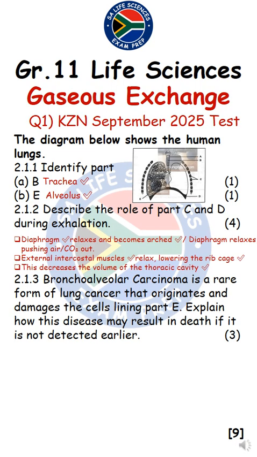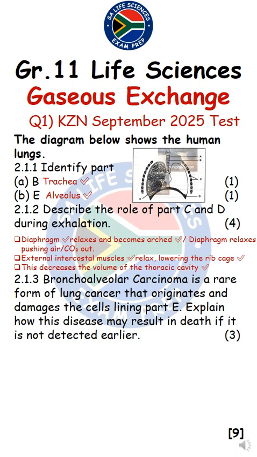So, the diaphragm relaxes and becomes arched. Or you can say the diaphragm relaxes, pushing air out. Point number 2, we say that the external intercostal muscles relax, thus lowering the rib cage. So, your first mark is for giving the name of the label and saying what happens to that part.